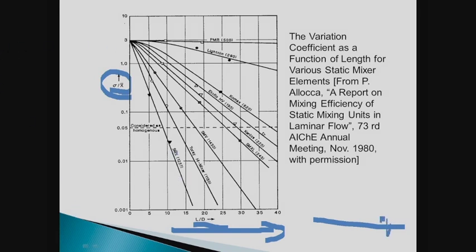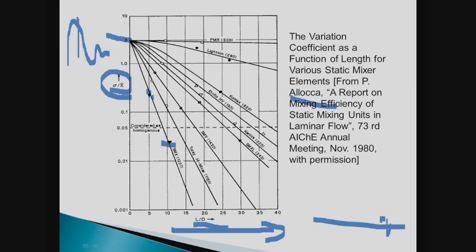And you can see this SMX has two data points, right there and right there. And so it begins with a mixing deviation of 3. There's a reason for that because it goes up and down like that. That's deviation here, 3 to 1. So it starts out at 3. And quickly you see that this one drops off real quick.